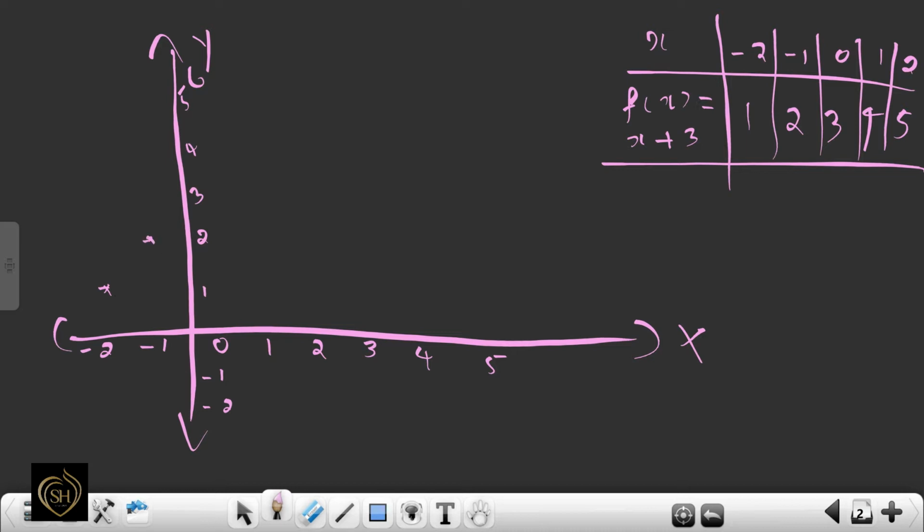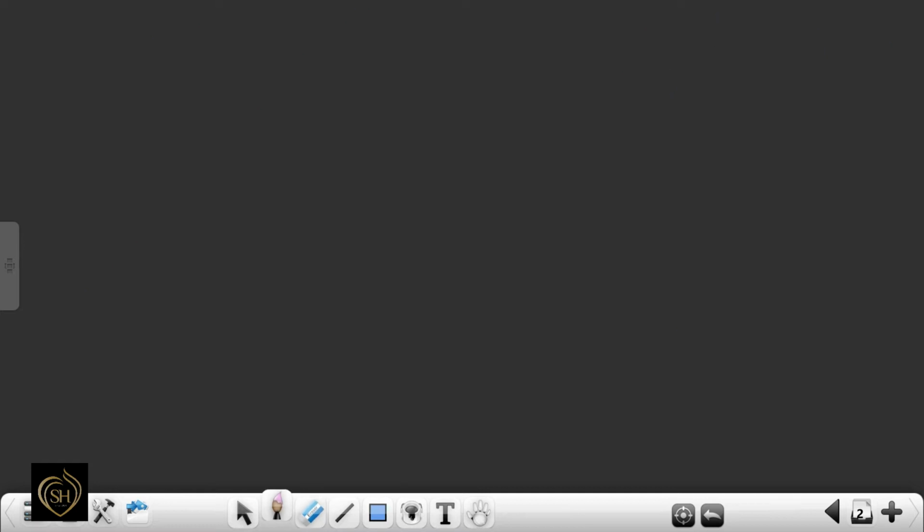Third point is 0, 3. Fourth point is 1, 4. Fifth point is 2, 5. Join these points, we get the graph of f of x equal to x plus 3. This function has no break.